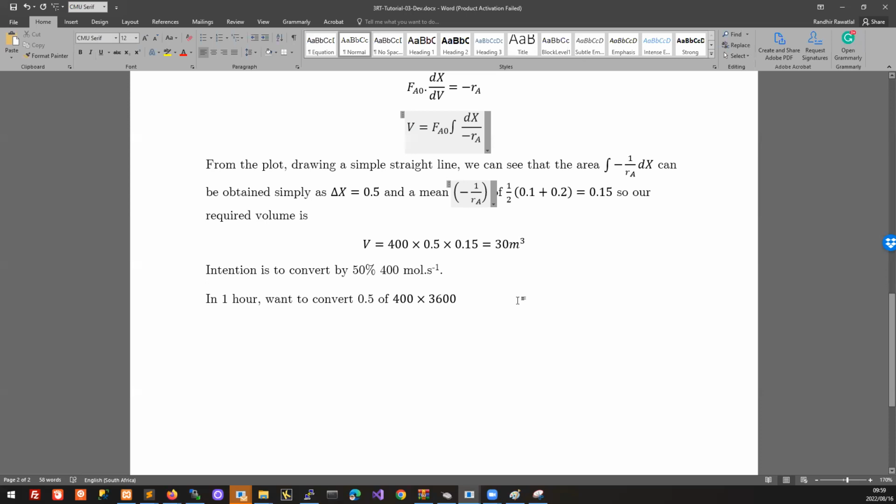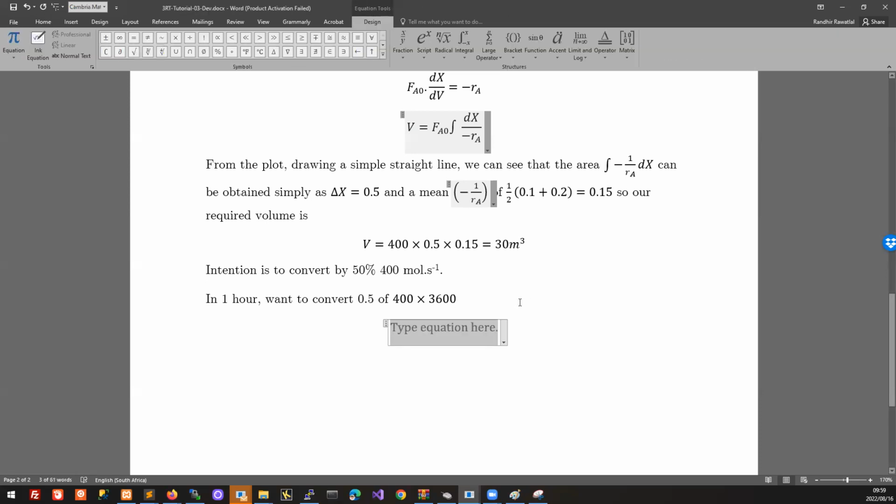So if we write our batch balance, we can say dNA/dt equals RA times V. Right, so if you check the units here, this is moles per second.